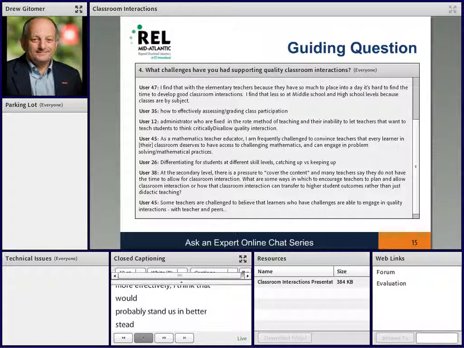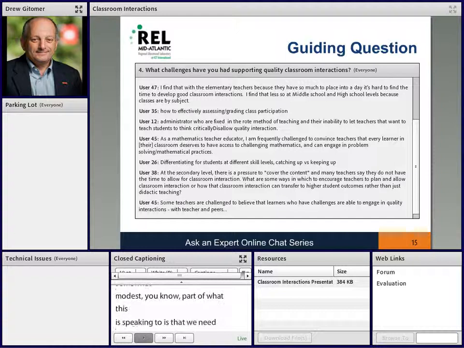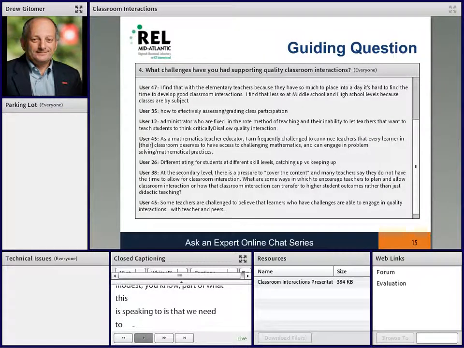And I hope I was clear, and I probably wasn't, when I made my opening remarks, that when we look across the country at these various studies, the teaching we see is by and large somewhat modest. Part of what this is speaking to is that we need to take institutional actions that create opportunities for people to develop in the ways that they need to develop.